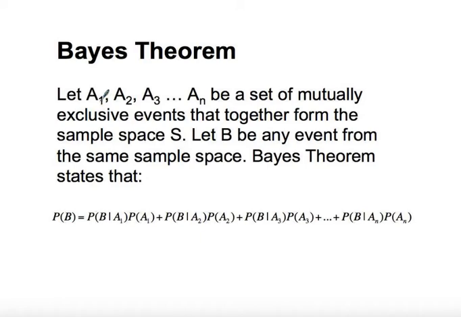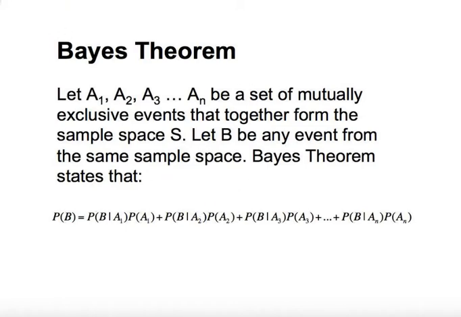What Bayes' theorem says is, if you've got a set of mutually exclusive events that form the entire sample space, for example rolling a dice, so we'd have 1, 2, 3, 4, 5, 6, which are mutually exclusive events that form that sample space, and if we let B be any event from that sample space, then Bayes' theorem states that the probability of B happening is the probability of B given A1 times the probability of A1, plus the probability of B given A2, the second outcome, times the probability of A2.